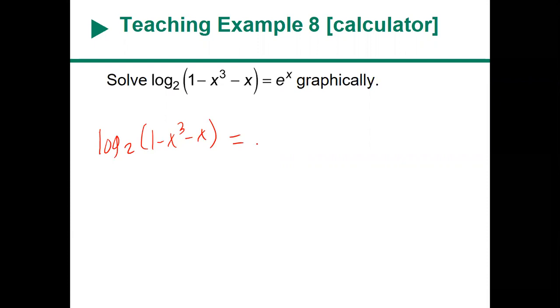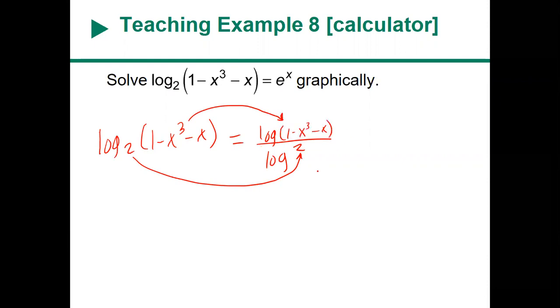So change of base, it's going to be log denominator, numerator. And this is what you're going to put in for your y1. And e to the x is going to equal your y2. And their intersection is your solution.